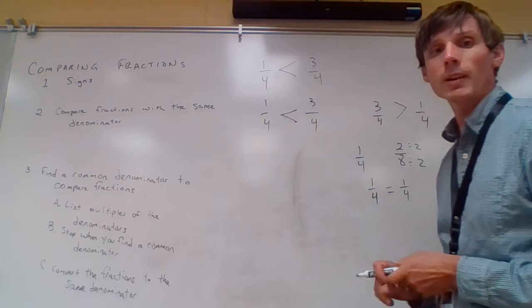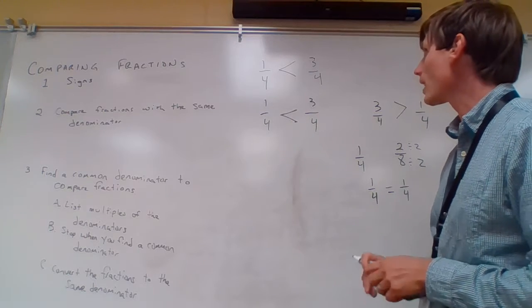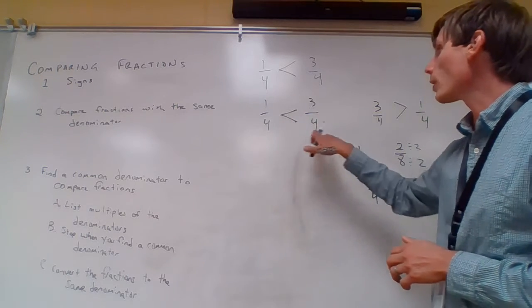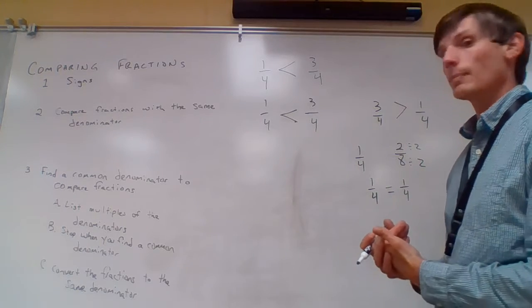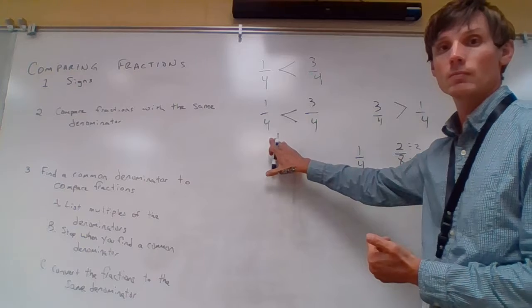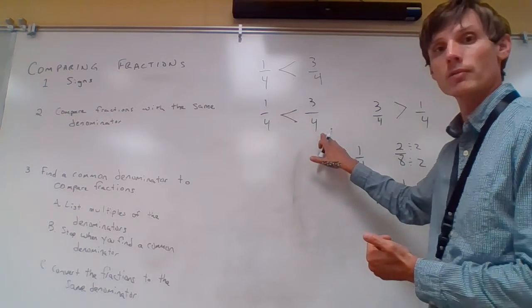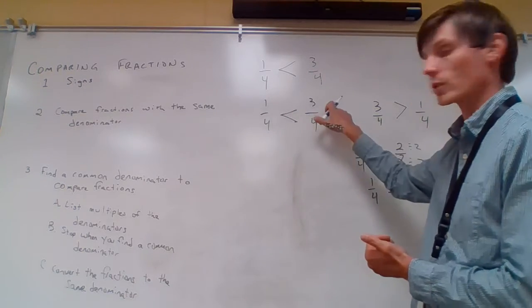So number 2, let's compare fractions with the same denominator. I did a couple examples here. Say we have 1/4 and 3/4. The idea of comparing with the same denominator is pretty simple. If something is cut into 4 parts, this is one of those parts, this is 3 of those parts.